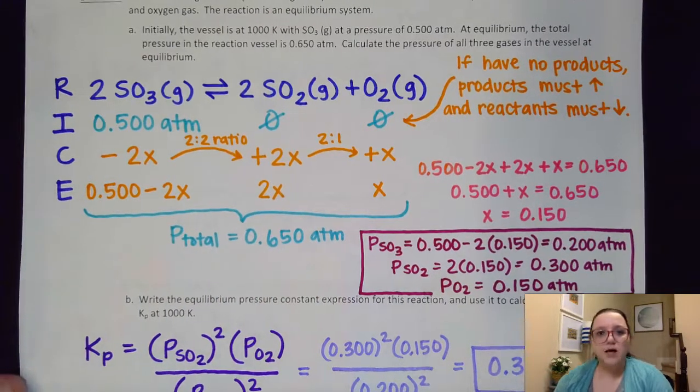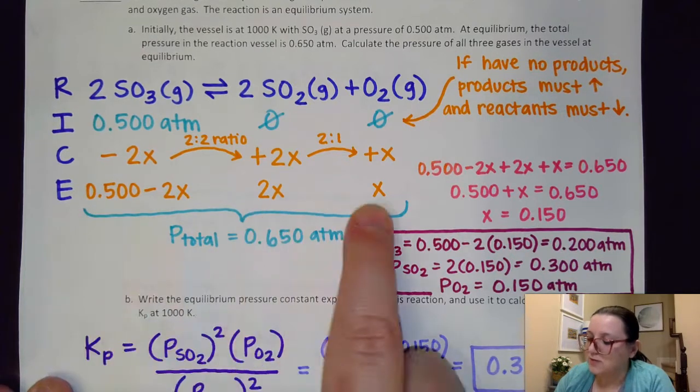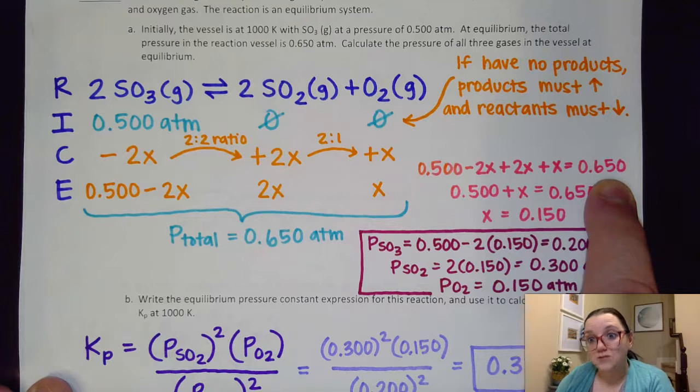Now, this utilizes Dalton's law of partial pressures, that these individual pressures should add up to give me the total pressure. So yes, you might see a little gas laws or other topics thrown in here, which kind of throws us off. So we would simply take these three equilibrium values, add them up to equal 0.650, and then solve for x.